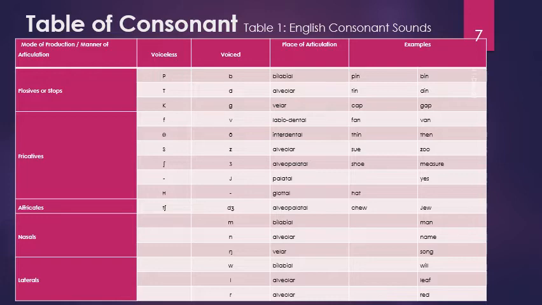The pa and ba are bilabial sounds. Examples: pin and bean. The ta and da are alveolar plosives. Example: tin, din. Ka and ga are velar plosives. Example: cap, gap.